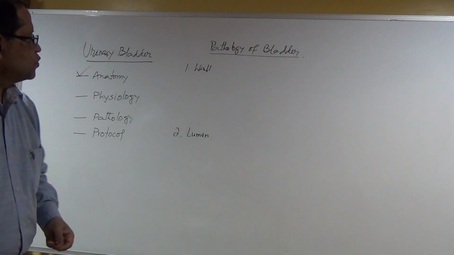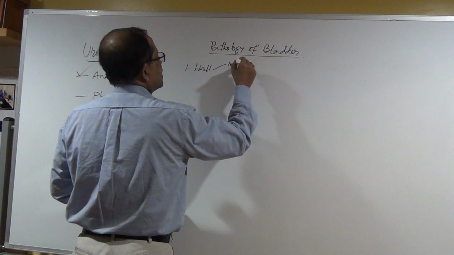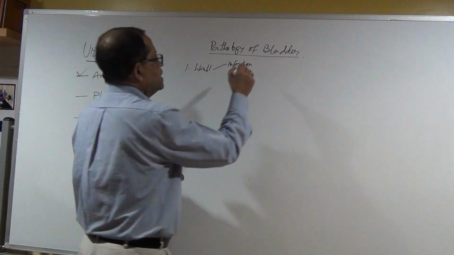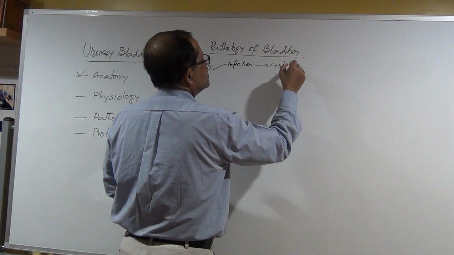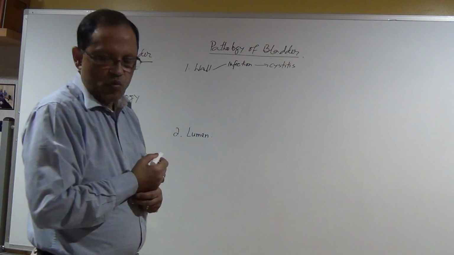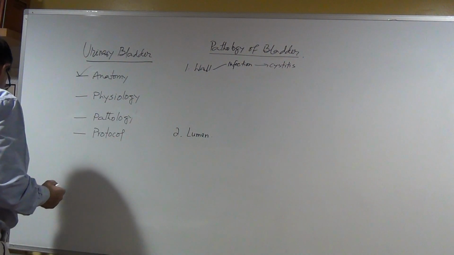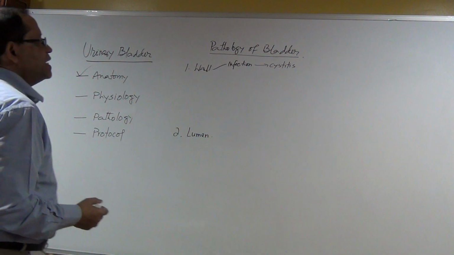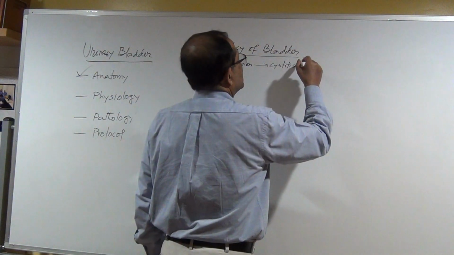First of all, it could be infection. We call it cystitis. When there is cystitis, it means it is the infection of the wall of the bladder. Then what is going to happen?